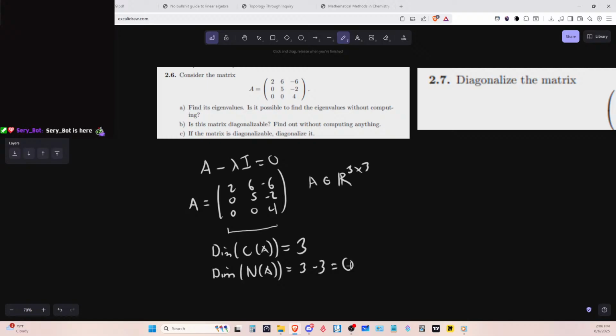Now, if the dimension is 0, then I'm guessing that we don't have any vectors within this space. So if there are no vectors in this space, then there are no basis vectors in it, or hence no eigenvalues, or I mean vectors actually.